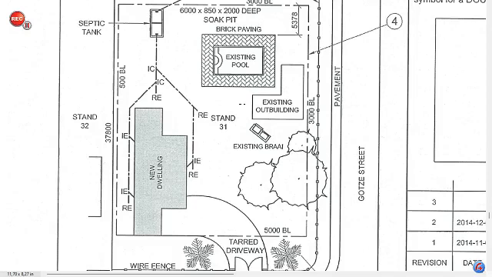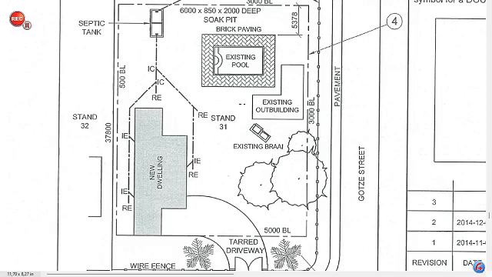Number 5, what finish is used around the pool? If you go and find the pool, you will see that brick paving is the prescribed finishing around the pool. If you go to number 6, what new development is proposed on the site plan?